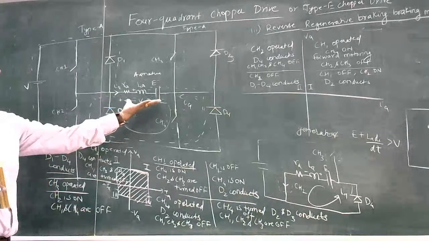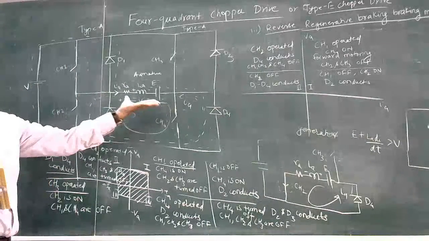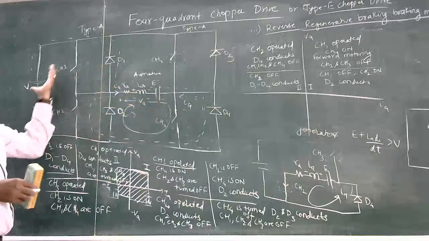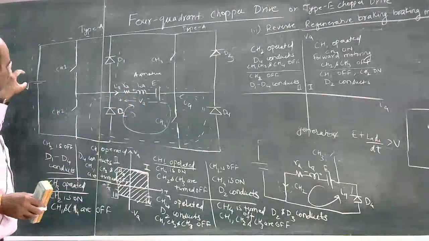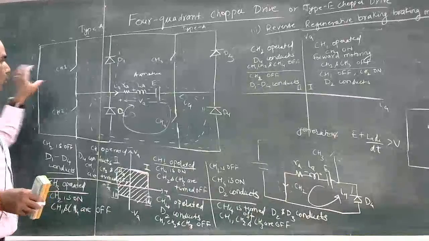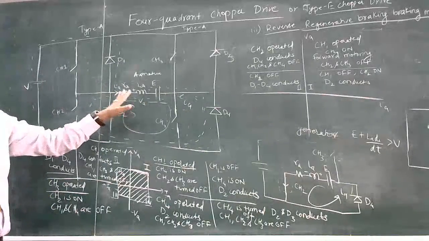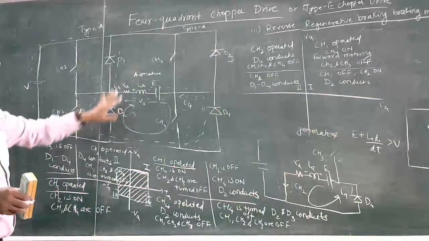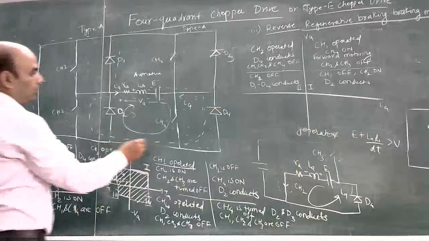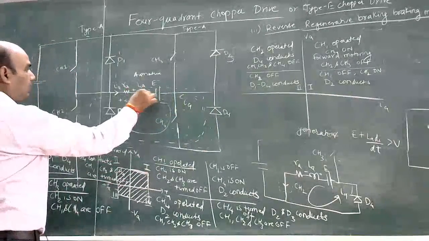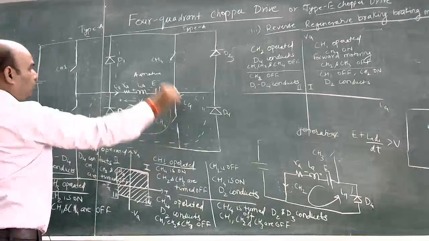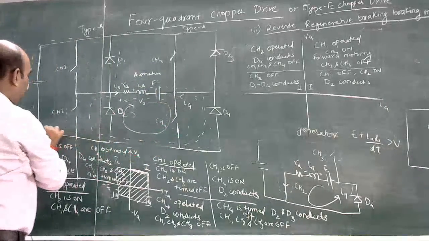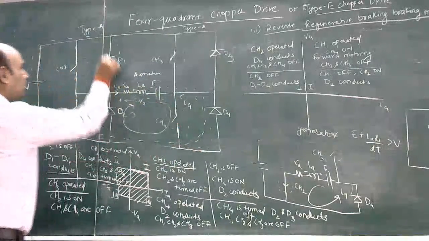This will behave like a generator, and it will give energy to this supply voltage, which will act as load to this generator. In this case, current goes through D4, the armature and D1. So this will be the path of the current.